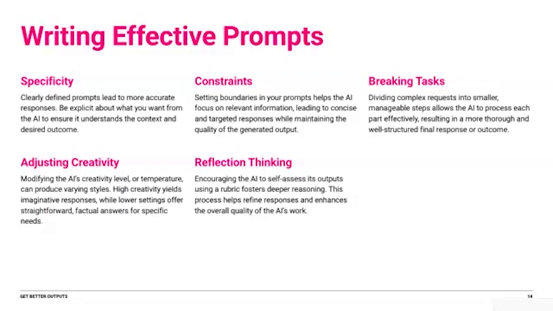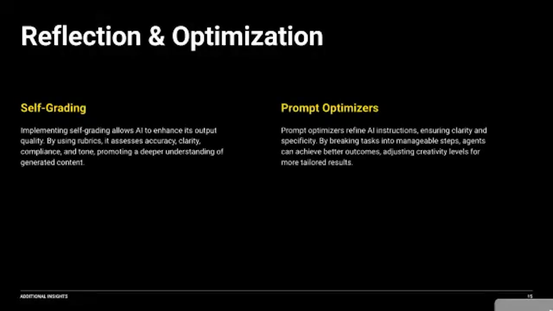Basically like giving itself a report card, asking it if it thinks it did the best job on the request that you're asking. And if it isn't the best job, please change the prompt and help make it better. So this is what we're talking about, self-grading.